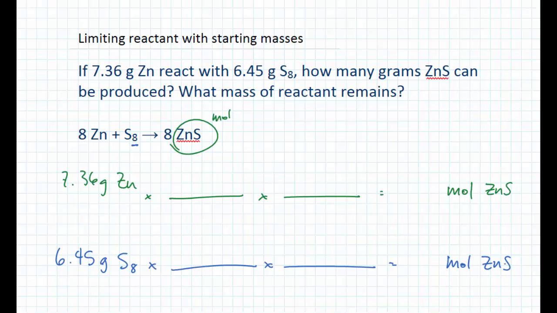So start with that. That's where we can determine the limiting reactant. You could actually go all the way to grams here, but then you're wasting a little bit of time. It's most efficient to go to moles right at this point. So go to moles, make a decision based on the moles of your two products. Then you could calculate grams of products, and then you could do like we did on the last page with leftover.